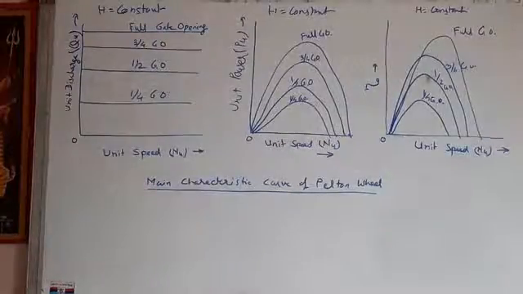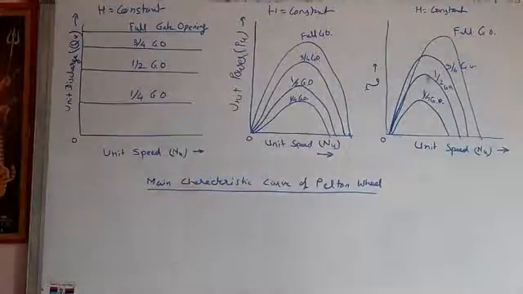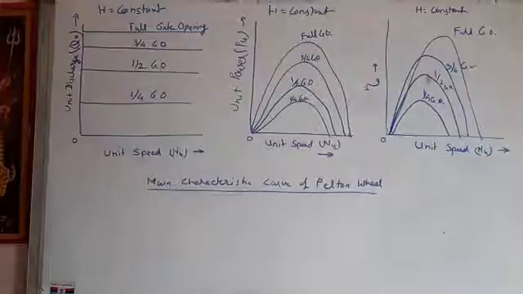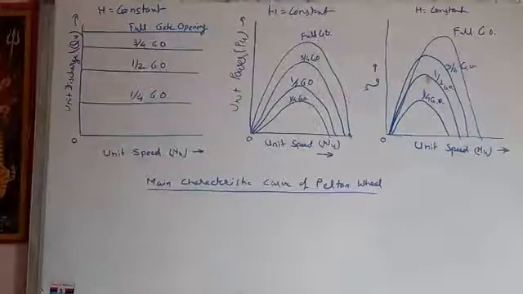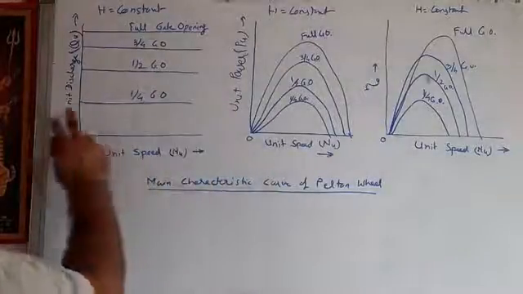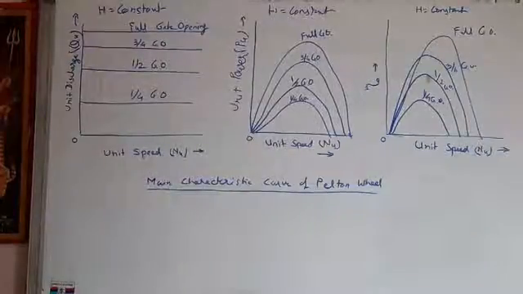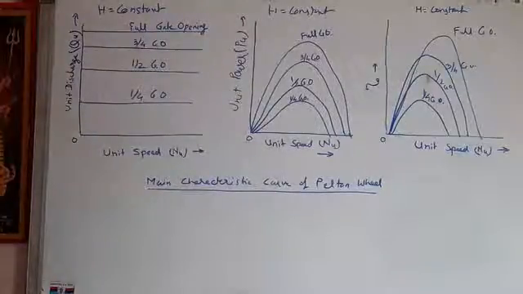The speed of the turbine is varied by changing the load on the turbine. For each value of speed, the corresponding values of P and discharge are obtained. Then the overall efficiency, eta o, for each value of speed is calculated.